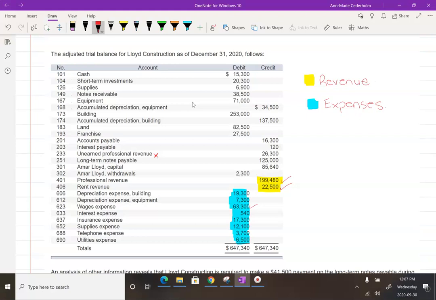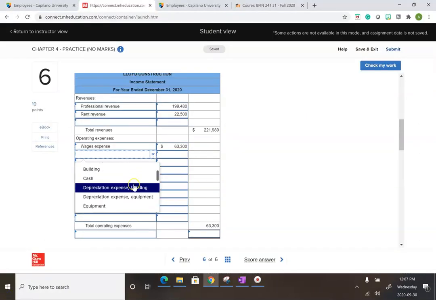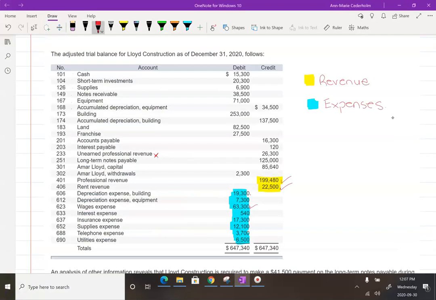Then my next highest is the depreciation expense for the building. So depreciation expense building, 19,300. And I'll check that one off. Now my next highest looks like it's insurance expense.